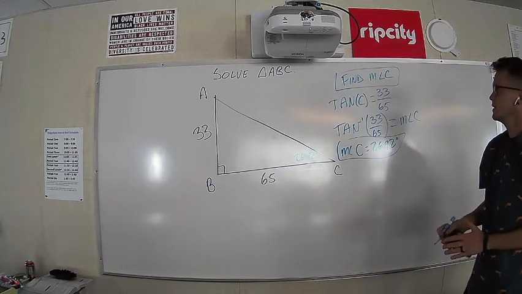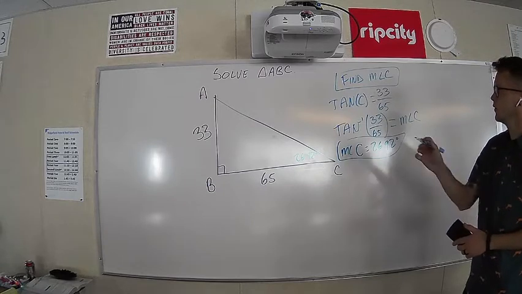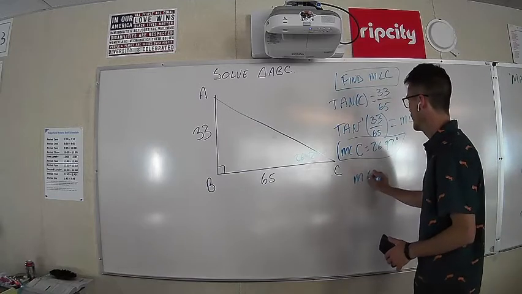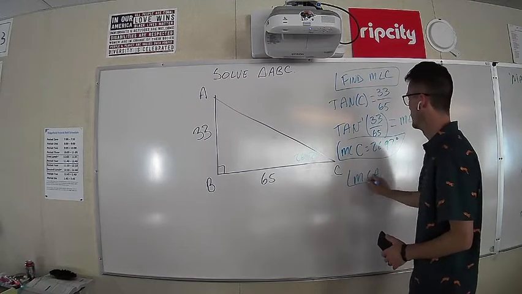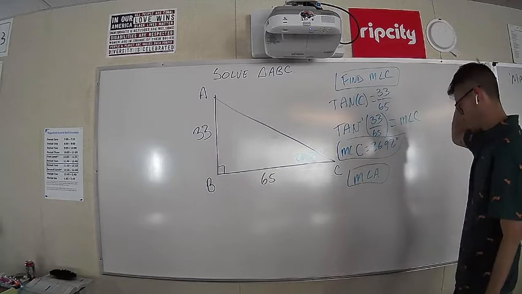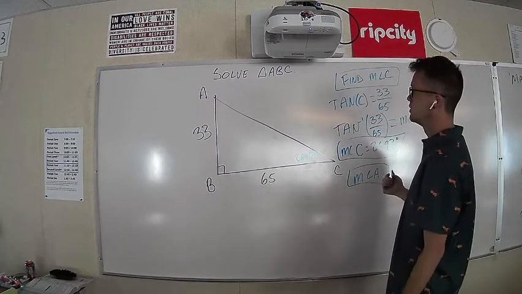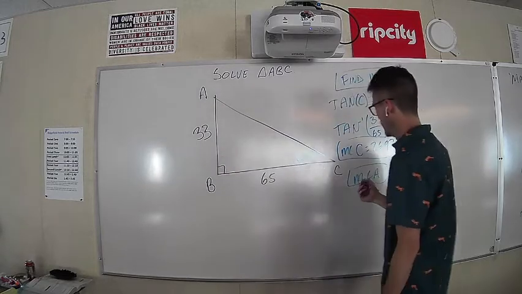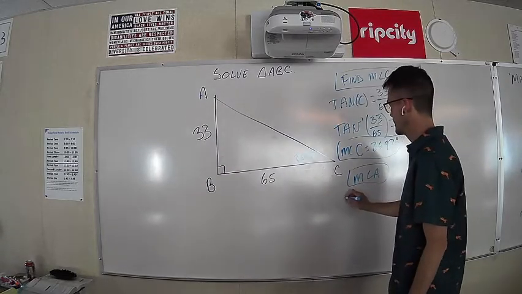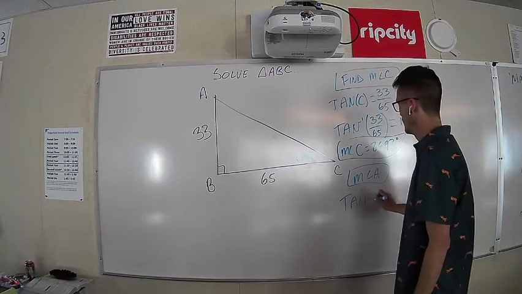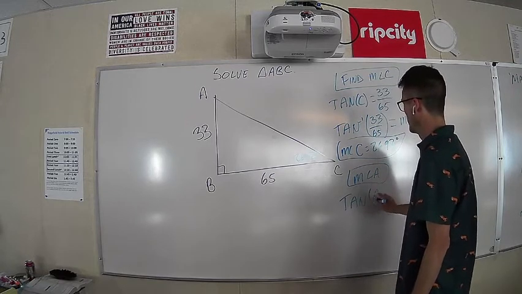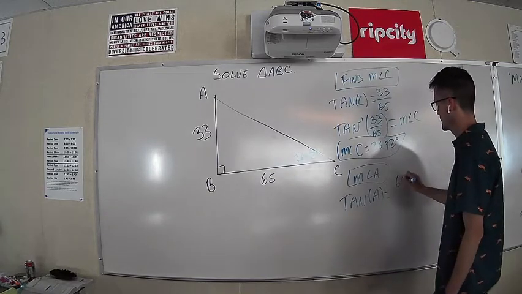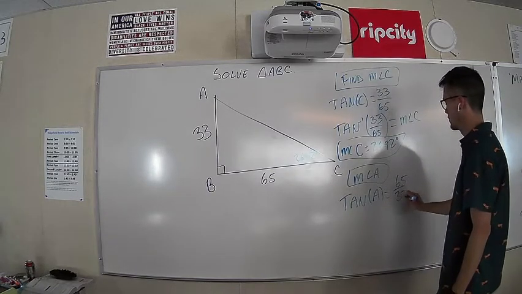Let's do the same thing for the measure of angle A. So the measure of angle A now, that is our task. We can do really the same thing, just different. Opposite over adjacent. So we could say the tangent of A equals opposite over adjacent, 65 over 33.